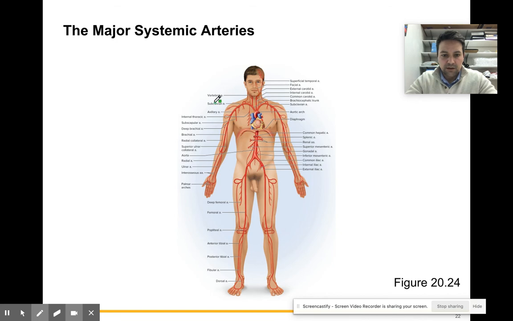We have our subclavian, we have our axillary, brachial, ulnar, radius, aorta, femoral, popliteal, tibial, fibular, iliac, renal, splenic, hepatic, aortic arch, subclavian, brachiocephalic, carotid, there. And all the other ones you don't have to worry about.